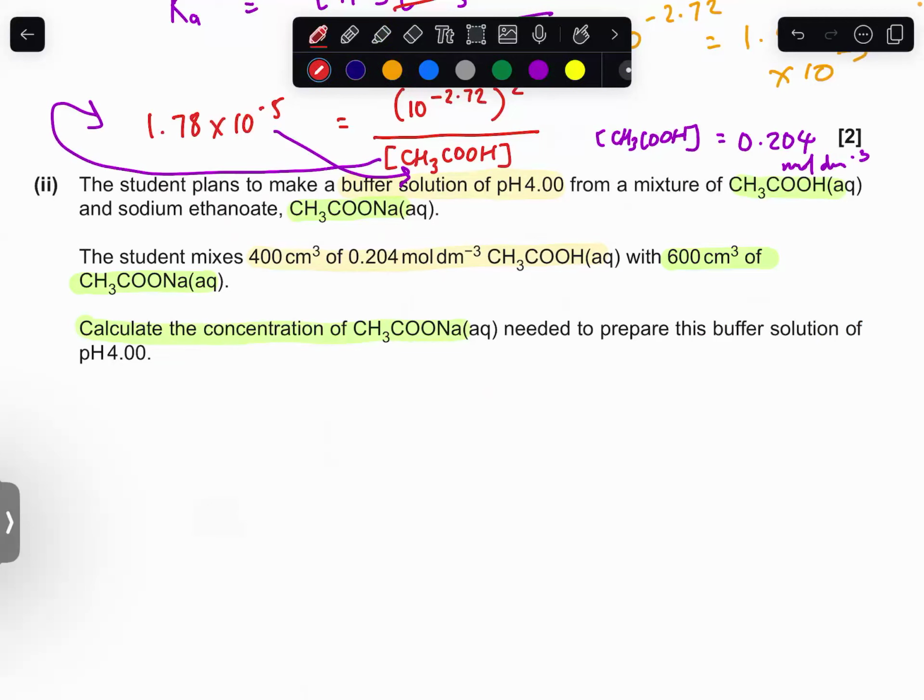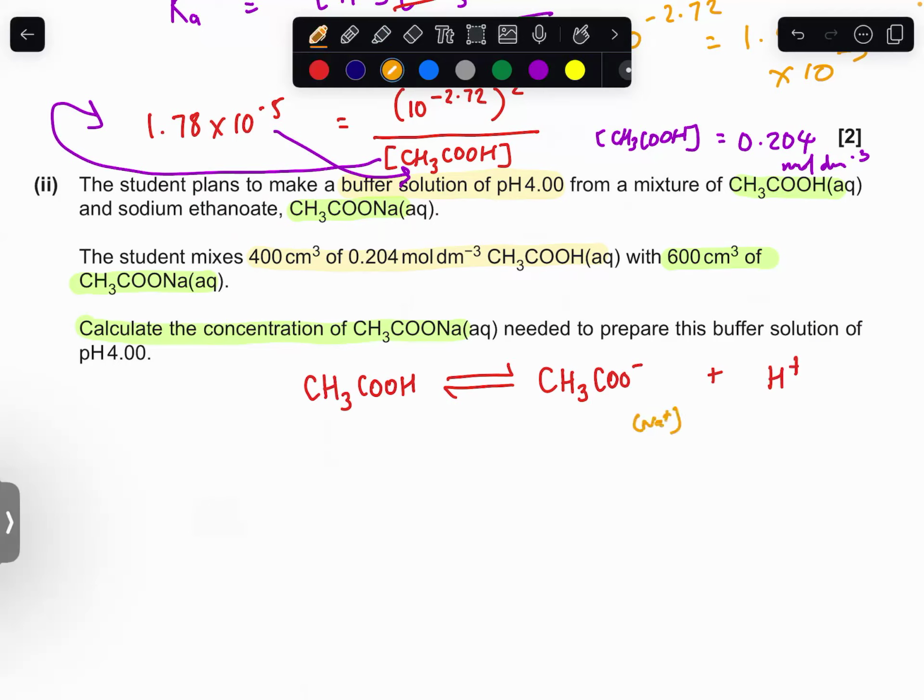Now, whenever you're looking at buffer solutions, we always write down the expression. This is not a weak acid, so the conjugate base is actually from the sodium salt. That's the sodium salt.